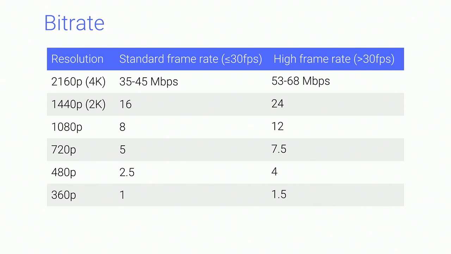So you can see these are the recommended data rates for H.264 for the different resolutions. And so you can imagine trying to push 40 megabits a second over a crowded Wi-Fi connection might be a little challenging. So you may have to scale it down if that's your environment, or you may need to be aware of that and not do a lot of processing around the video if you have special effects and things like that.